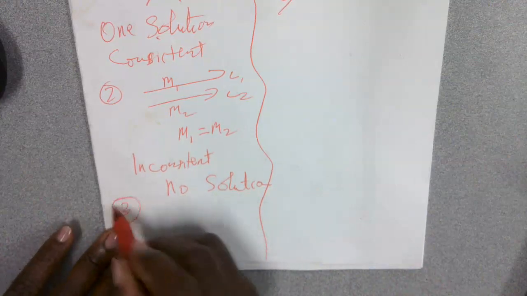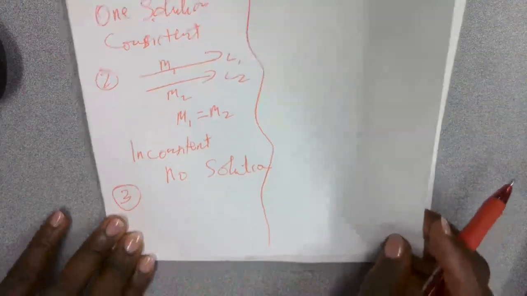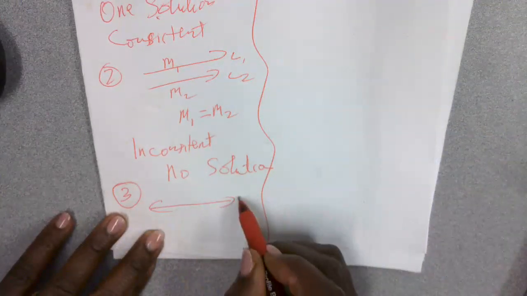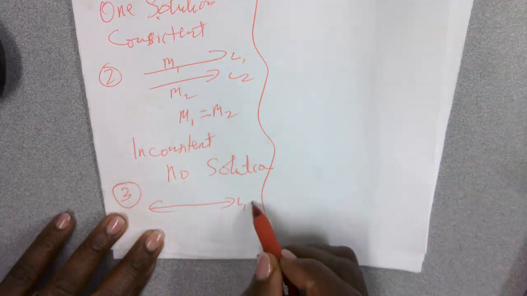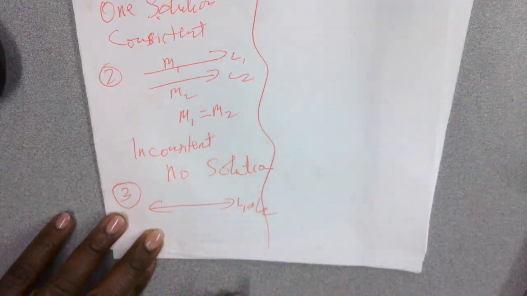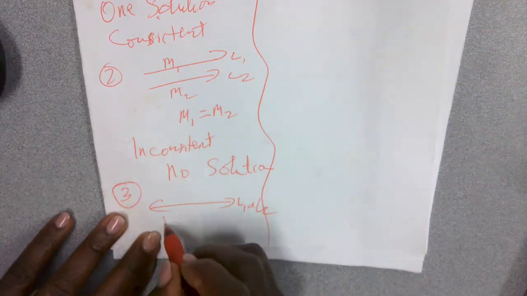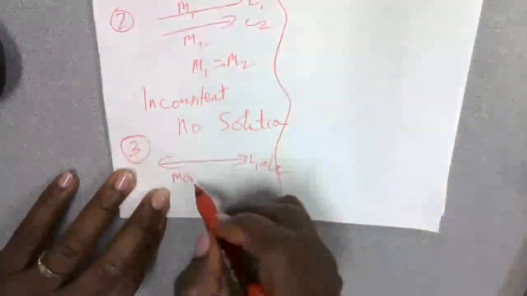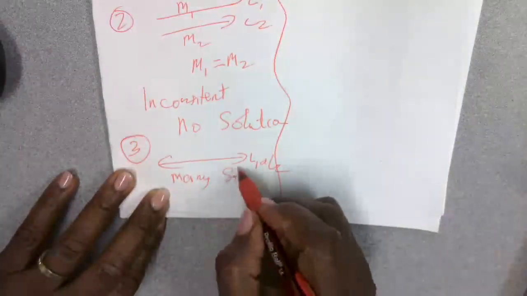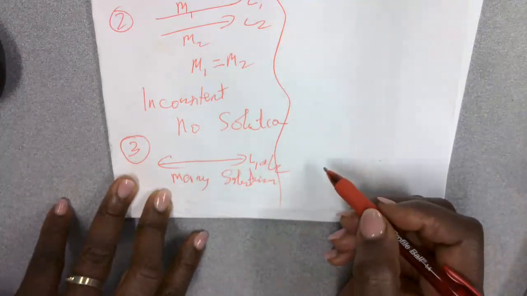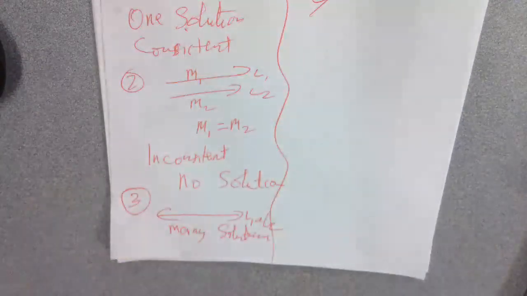All right. There's another case. Case 3. If the two lines L1 and L2 are the same line such that they overlap, we say many solutions or infinitely many solutions. So the lines are the same, L1 and L2. They overlap.